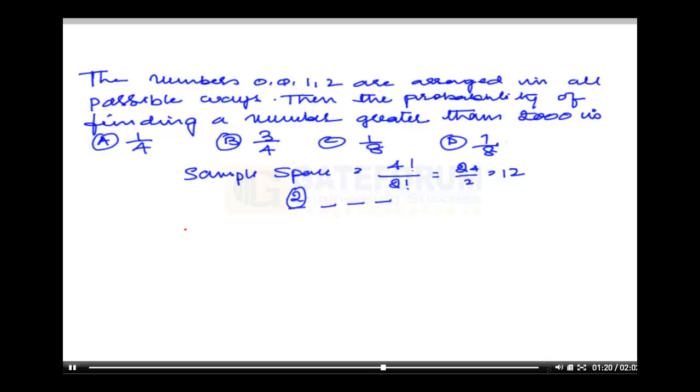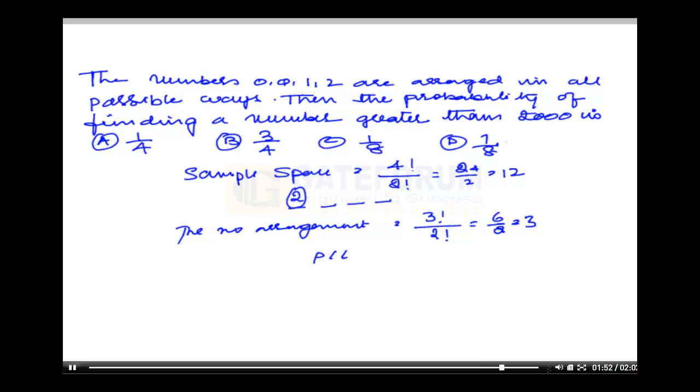Therefore, the number of arrangements where numbers are greater than 2000 is 3 factorial, because 2 is the only one way of writing, and remaining 3 places 3 factorial by 2 factorial, that is 6 by 2, that is 3. Hence, only 3 numbers greater than 2000.